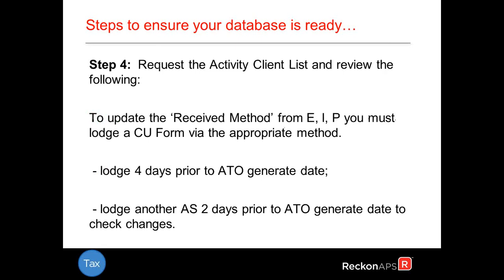Okay, step 4 in terms of ensuring that your database is ready is that you request the activity statement client list. Okay, so what we generally do on a monthly basis or a number of days prior to receiving the AB and AI report, the suggestion is made that you request your activity statement client list, which is an AS report. Okay.